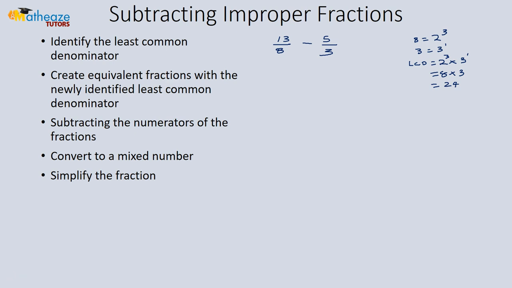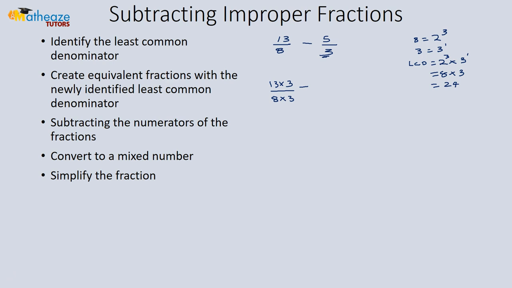Now we're going to rewrite these improper fractions with the new least common denominator. For 8, we need to multiply by 3 to get to 24, so we multiply 13 by 3 and 8 by 3. Then for the 3, we need to multiply by 8 so that we can get to 24.